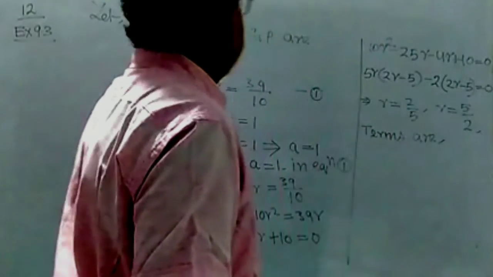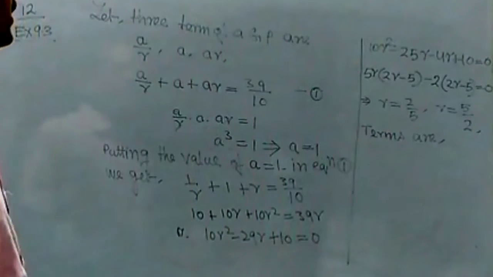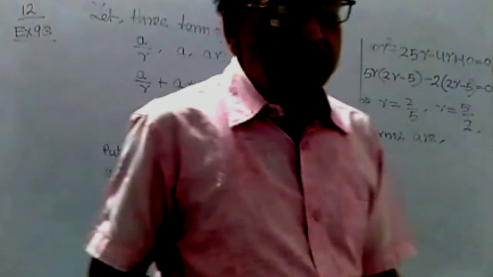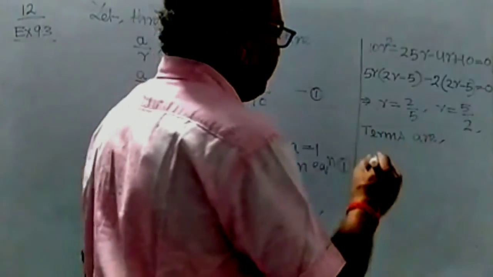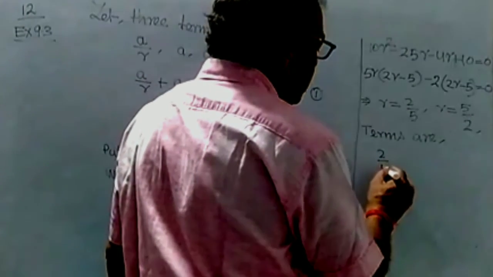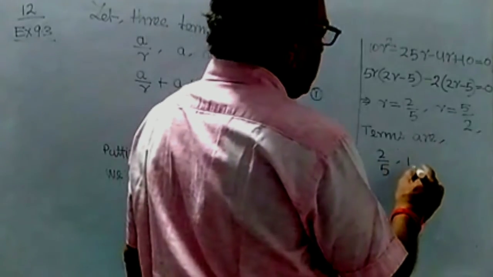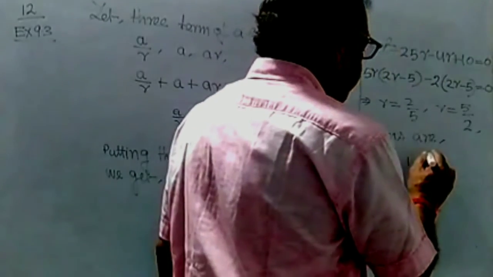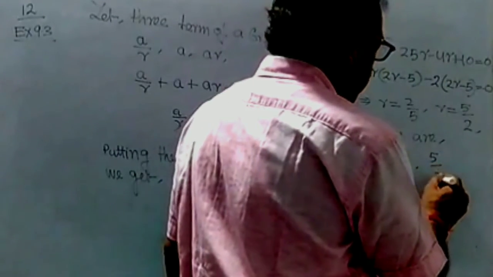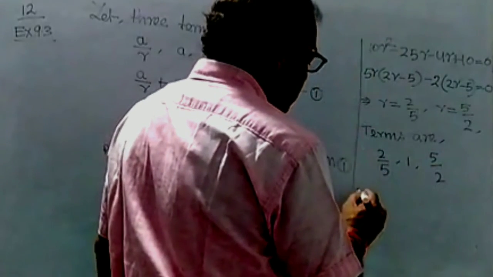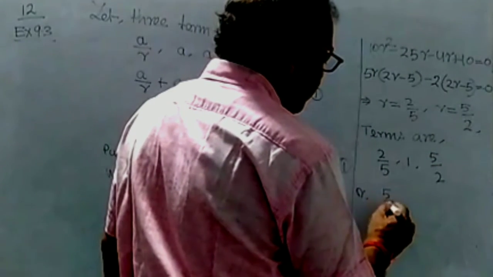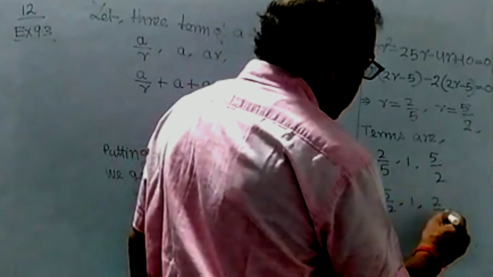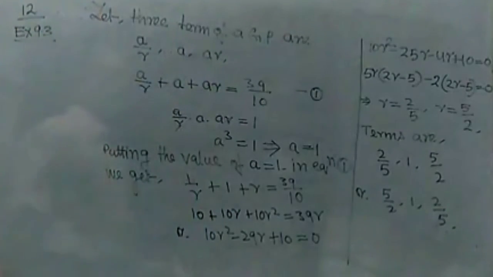And if r is 5 by 2, the terms are 2 by 5, 1, and 5 by 2. So you get this.